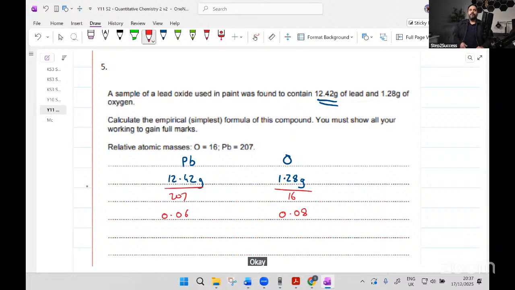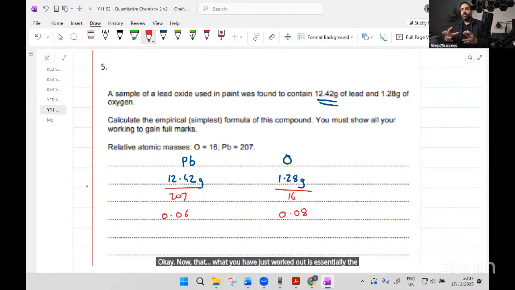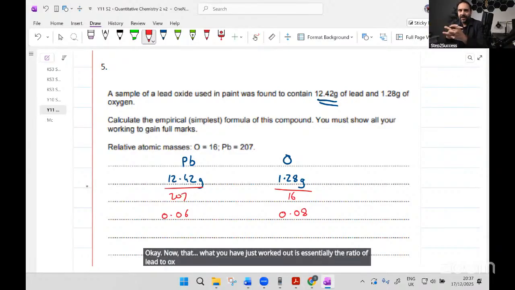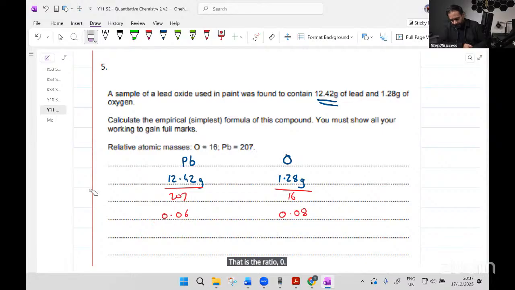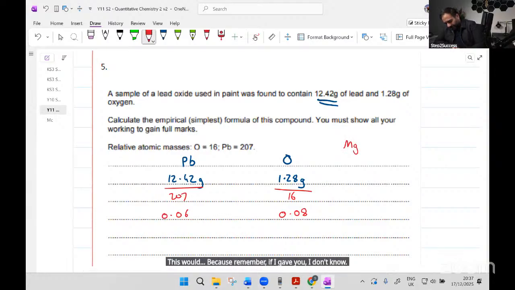Okay. Now what you have just worked out is essentially the ratio of lead to oxygen in this compound. That is the ratio, 0.06 to 0.08. So technically, remember, if I gave you, I don't know, Mg2O3, that's not a thing, but let's pretend it was.